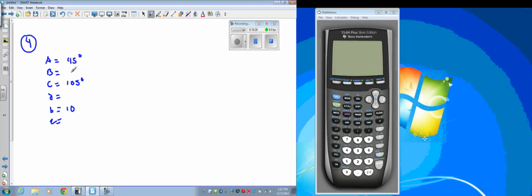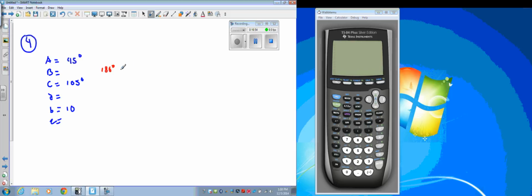Because you could get this angle by doing what? 180 minus the sum of C. Right? So you could calculate it by doing this. This B is going to be 180 because why? Why am I using 180? Sum of the interior angles of a triangle is 180.